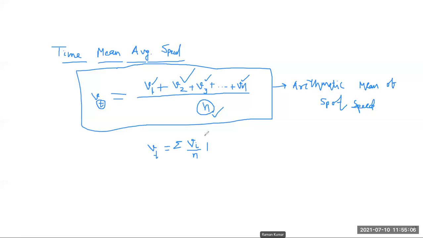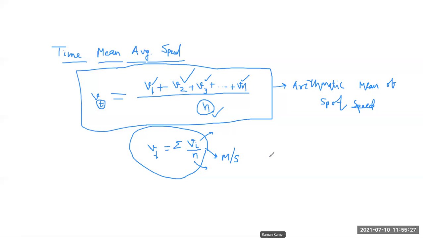This formula gives the time mean average speed in meters per second, because the speeds are in meters per second and n is the number of observed vehicles.